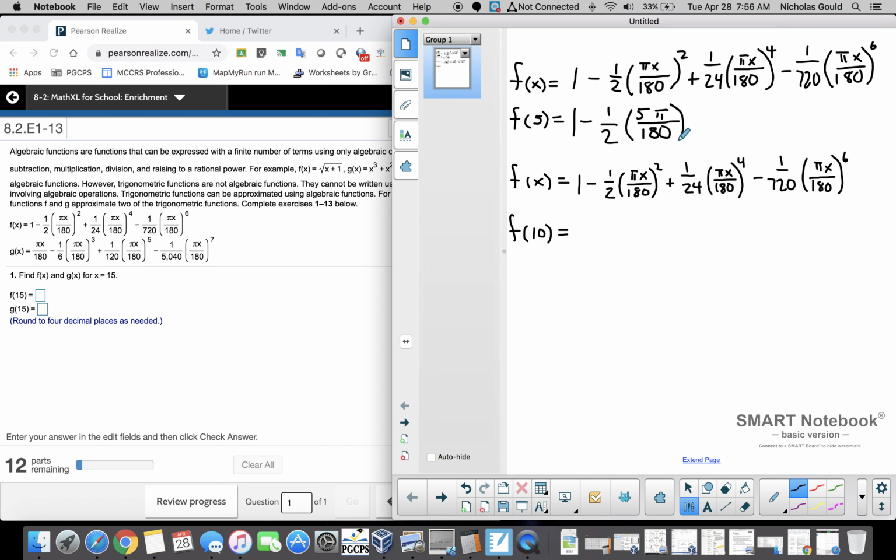So when I have x pi or pi x, I can write it as 5 pi, right? So again, this is the start of the problem, right? No matter what I do, whenever I see an x, I just substitute that number that they gave to me in for the problem.